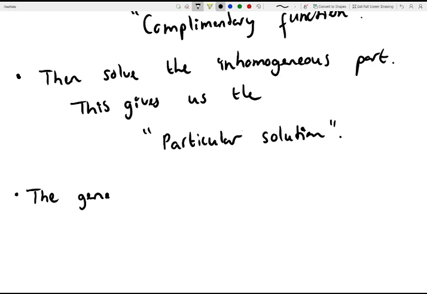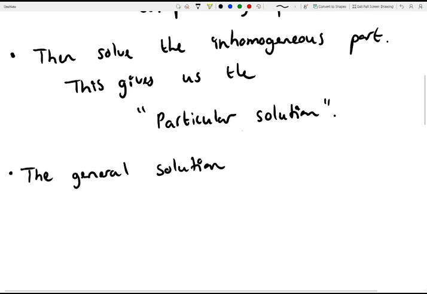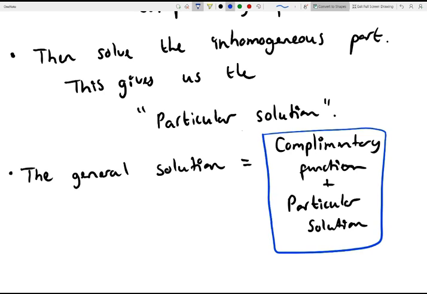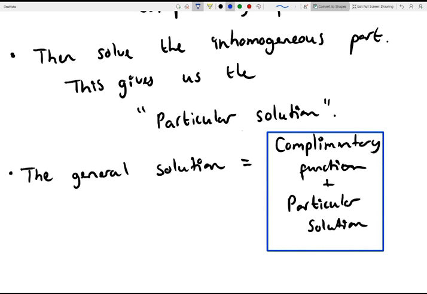So the general solution is the complementary function plus the particular solution. And this is really important. So we do it in these two different stages.